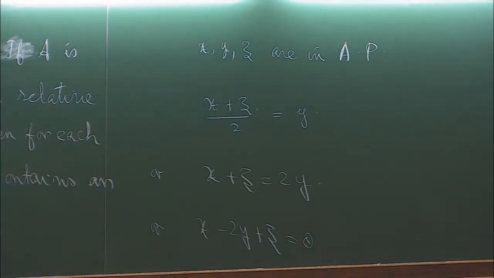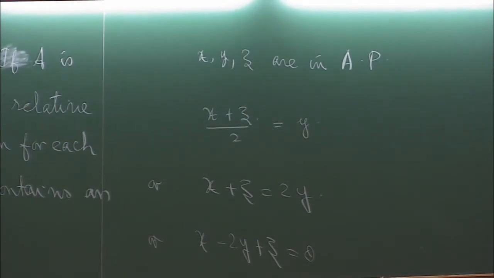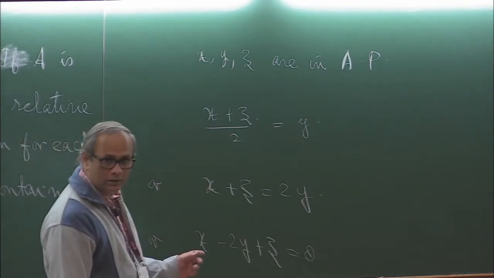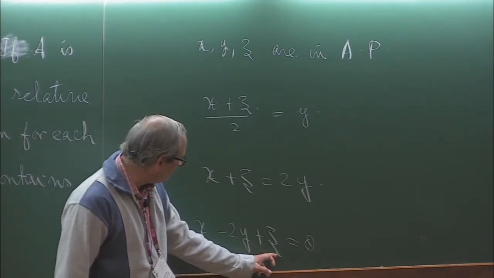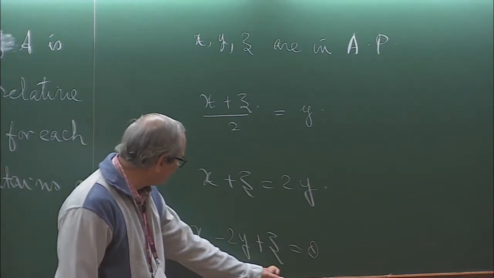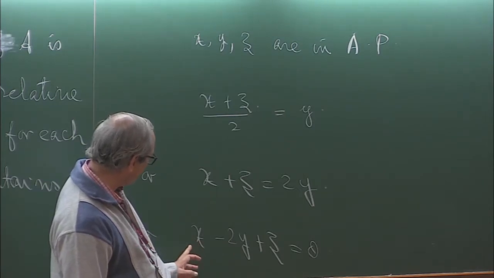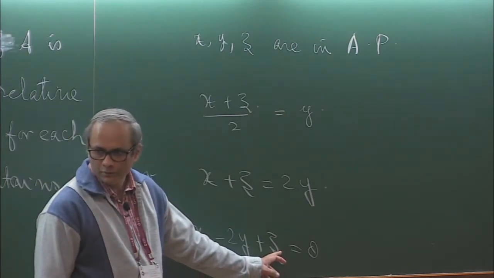Now all these things can seem like trivial translations from one to the other, but actually they give you different points of view. So to say that you have a 3-term AP, if you look at this particular equation, the left hand side, the sum of the coefficients is 0.